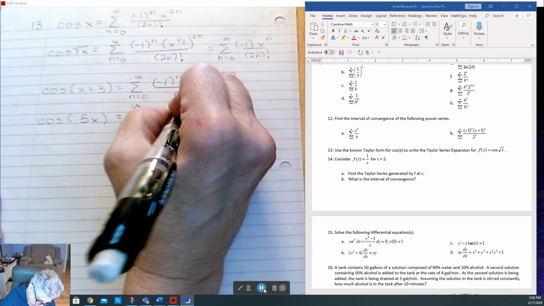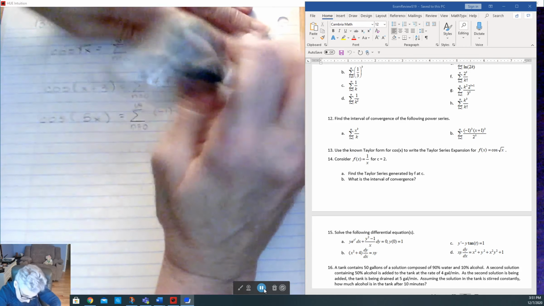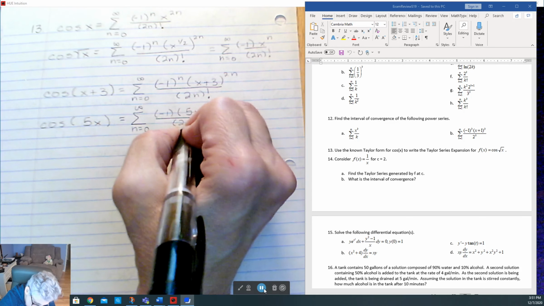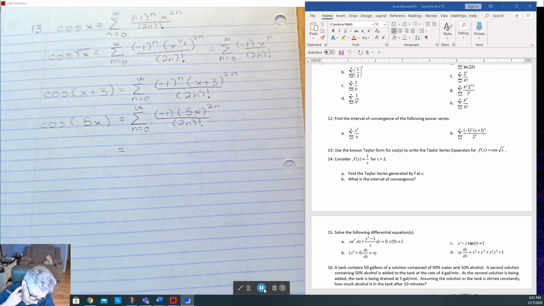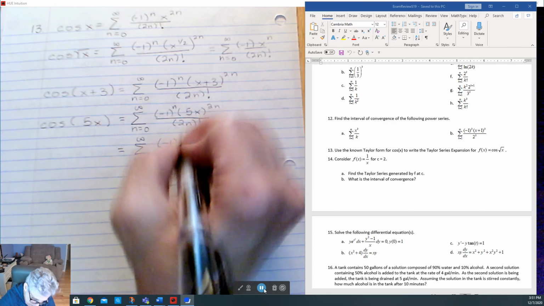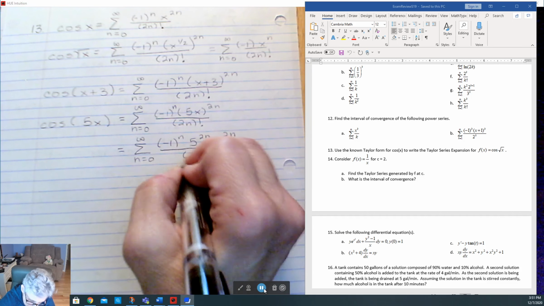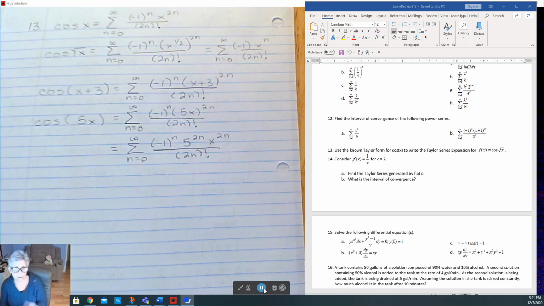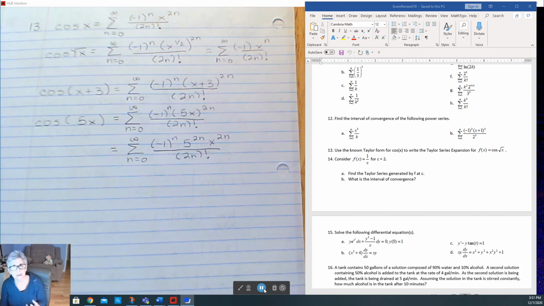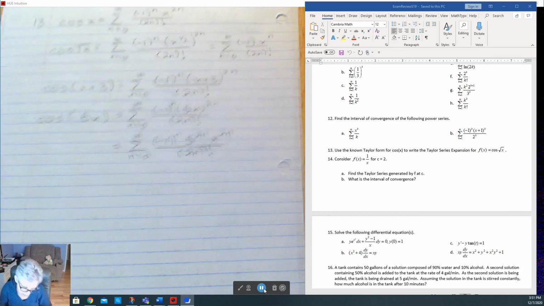The sum from n equals 0, (-1) to the n, we would have 5x to the 2n, not 2n plus 1, over 2n factorial, which I would really like you, if you had such a thing, to separate into (-1) to the n, 5 to the 2n, x to the 2n over 2n factorial, because if perchance you were asked to integrate or differentiate such a thing, separating it into pieces keeps you from mistakenly applying the rule to the 5 as well as to the x.